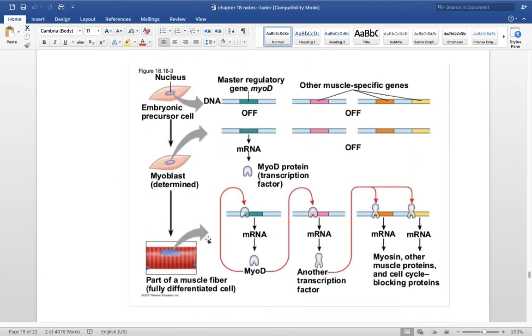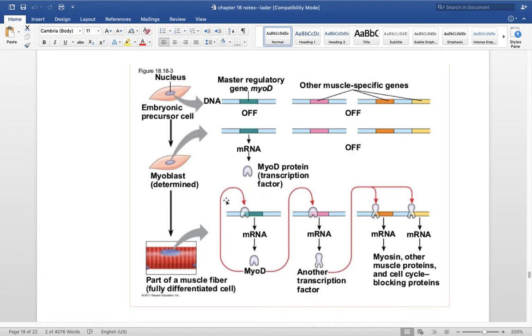It's called MyoD, okay? So it is a master regulatory gene. It's kind of like the p53 gene, all right? So MyoD, master regulatory gene. Right now it's off. When it's turned on, it's going to code for a protein called, you guessed it, MyoD. Okay, and it's going to be a transcription factor.